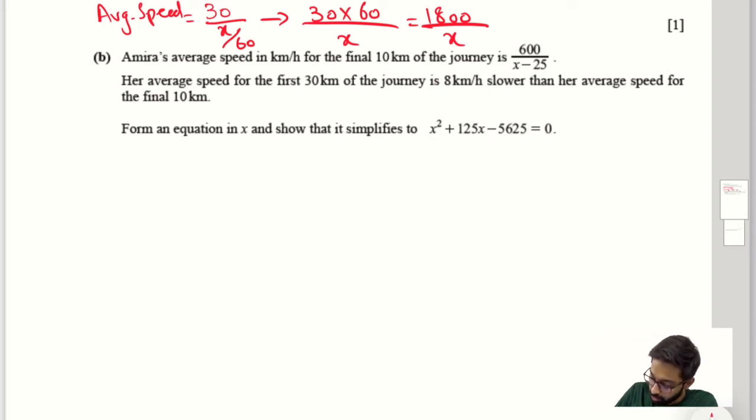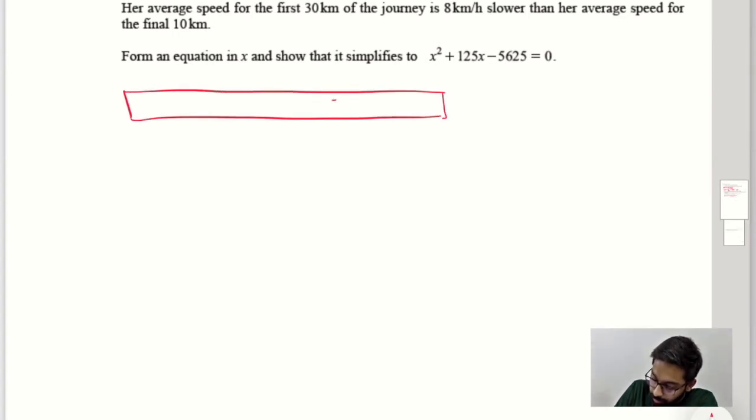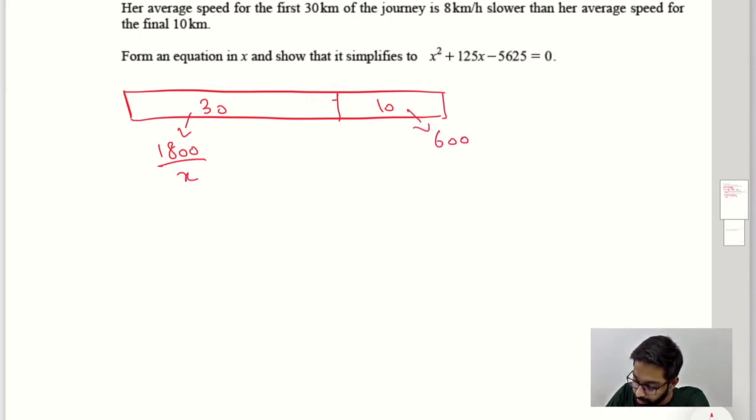Okay, so if I draw a bar and label this as the first 30 kilometers and this as the final 10 kilometers of the journey, the average speed for this part is 1800 over X, whilst the average speed for this part is 600 over X minus 25.